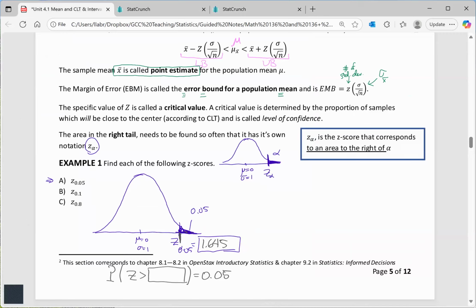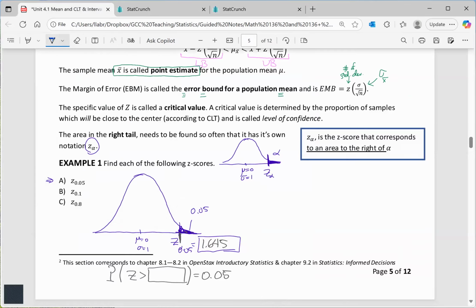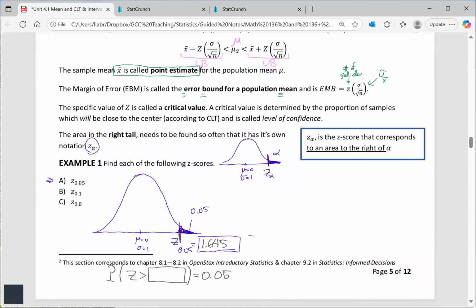We have that value. Let's go ahead and find the other two. Can you find z sub 0.1? So let's try that. Remember that we want to sketch these. z sub 0.1, that's somewhere here, area 0.1.